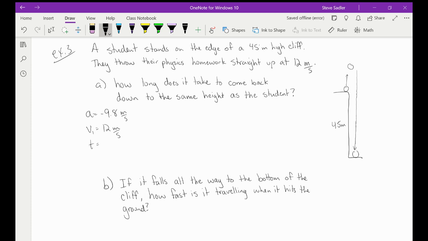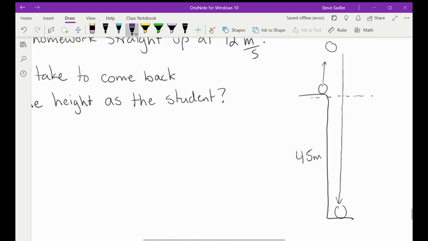There's a couple of different ways you can approach this. You can ignore everything that happens below and do this very similar to the problem we just did with the football. Find the time it takes to get to its high point and multiply that by 2, knowing that the high point is going to have a velocity of 0. But one thing that you need to know about projectile motion or things being thrown is the speed. Let's zoom in a little bit.